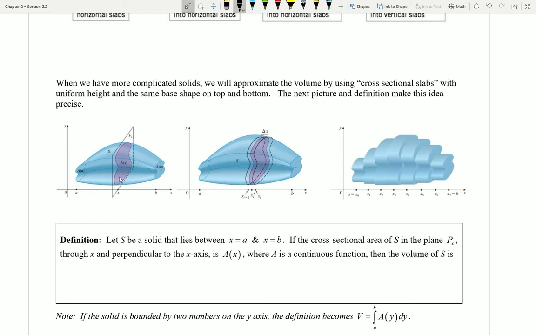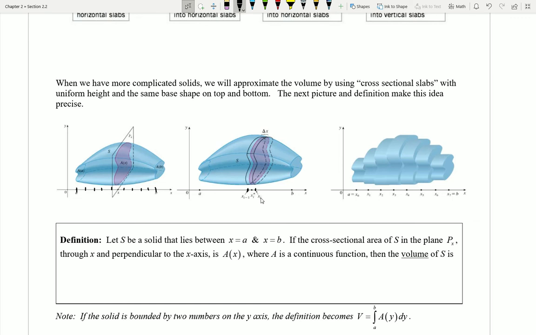Well, what we're going to imagine doing is, as usual, taking our interval from a over to b and dividing it up into a bunch of smaller sub-intervals. And once I have these intervals, I'll do something like the following. Take a look at the second picture here. You'll see that I have one interval established, and it goes from a point x_{i-1} to a point x_i. So just imagine I have a bunch of my x's numbered.